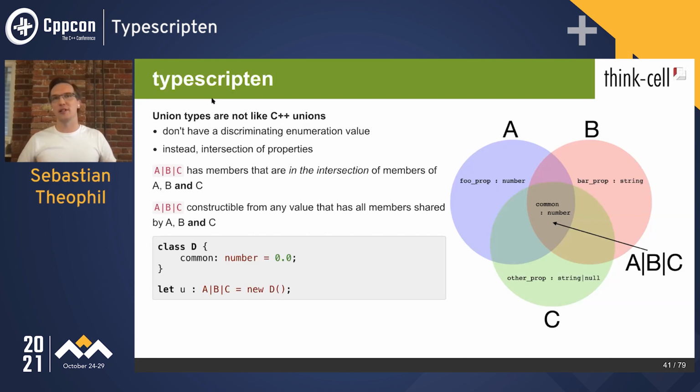But in JavaScript and TypeScript, a type is not the same thing as in C++. A type is not defined by its name or by its inheritance relationships as in C++. The type is really defined by the set of properties it has. And any other object that has the correct set of properties satisfies that type as well. This is what is called structural typing. So the structure of the object defines its type and not really its name or anything. Okay, so what do we do with that in C++?